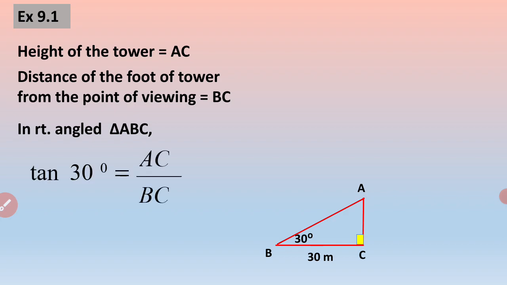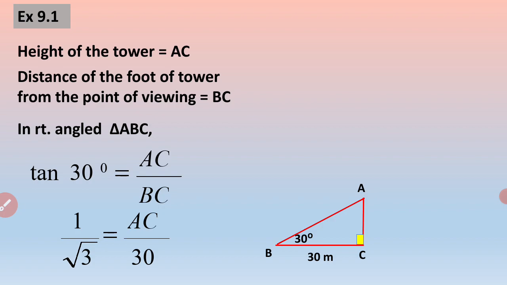Here I am going to use the tan value. Now why am I using the tan value? Because here BC is the length that I already know and AC is the length I have to find. These two sides come up in the ratio tan 30. The tan 30 is a constant, that is 1 by root 3.